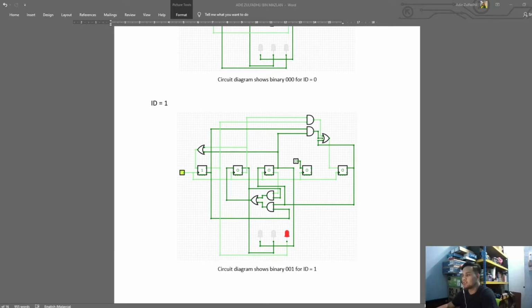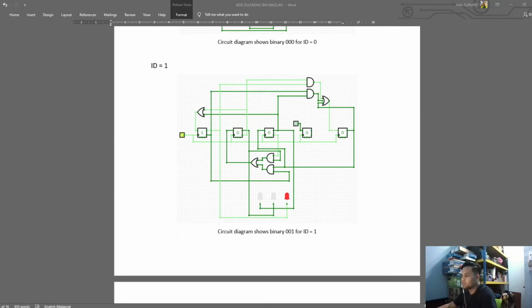T1 is the LSB, and T5 is the MSB. So when we look at the LEDs, it is vice versa. From this, you can see that it is 0 0 0 0 1, so it is equal to 1.